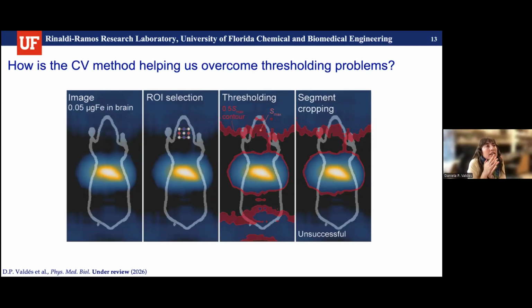Another thing that we could do, and some papers from our lab do this: if you know that there's a lot of bleeding, you can use a higher percentage for the threshold, like 70 or 80. The important thing is to have the same criteria for all the images and for your calibration curve.